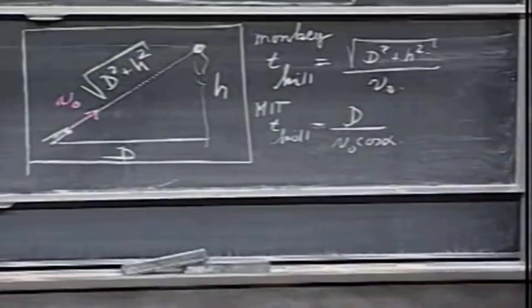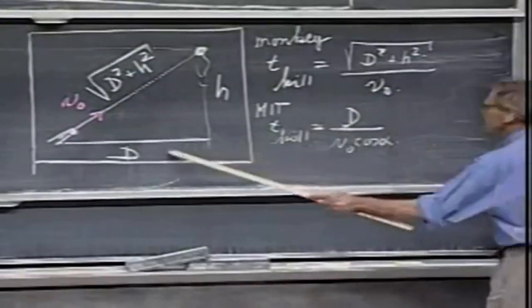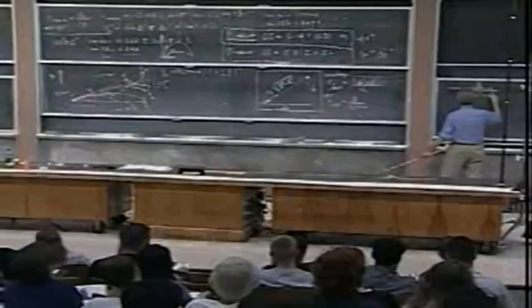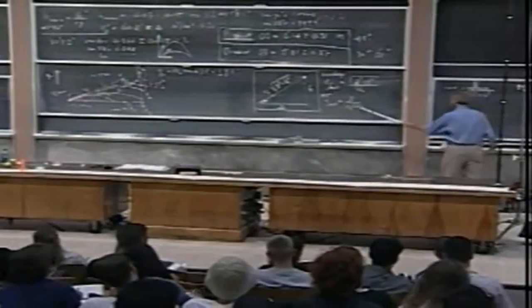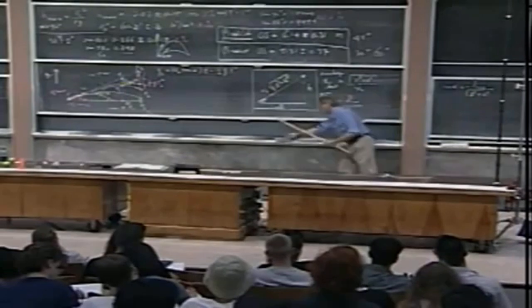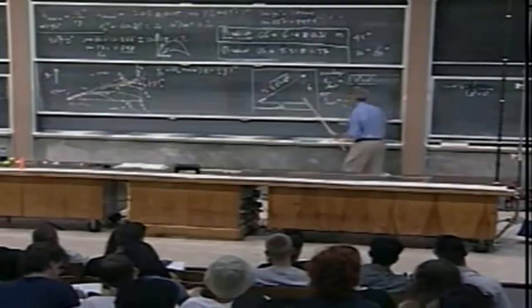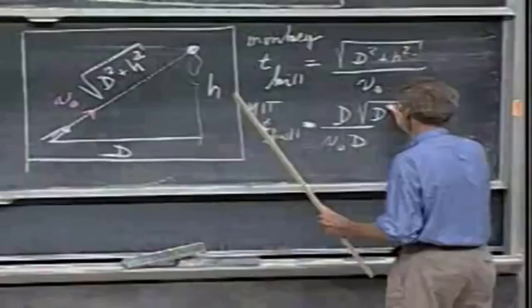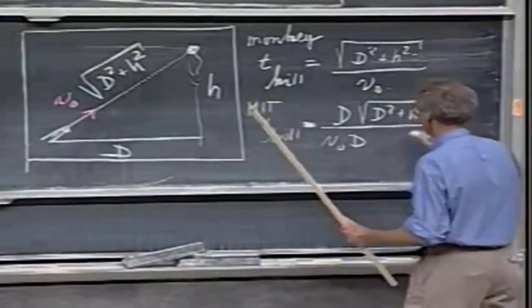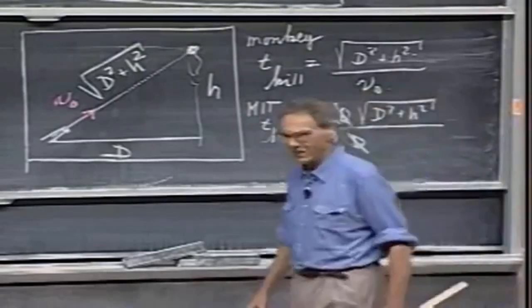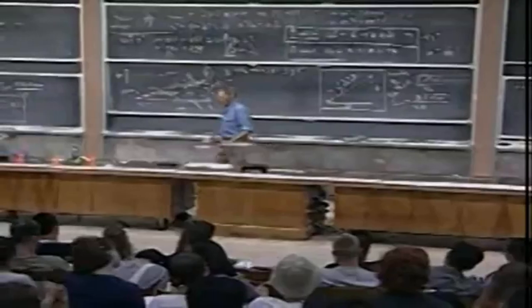But what is the cosine of alpha? That is d divided by the square root of d squared plus h squared. So I can replace this cosine alpha by d divided by the square root, and you and the monkey agree exactly on the amount of time that the monkey has to live.